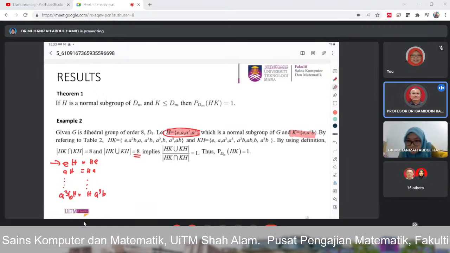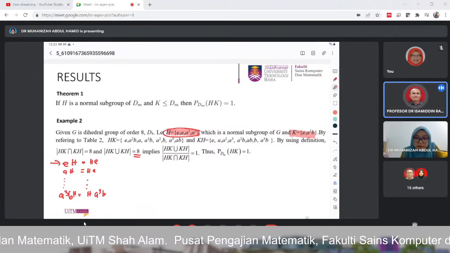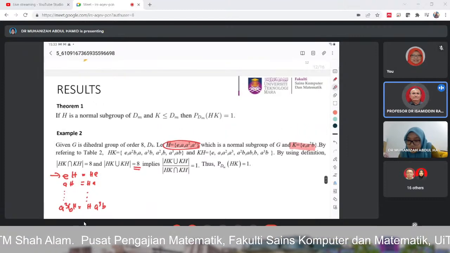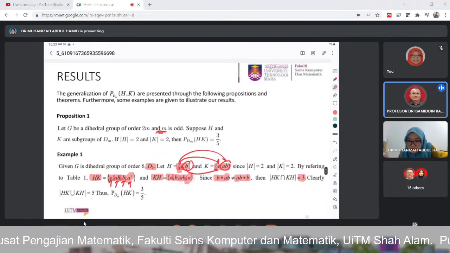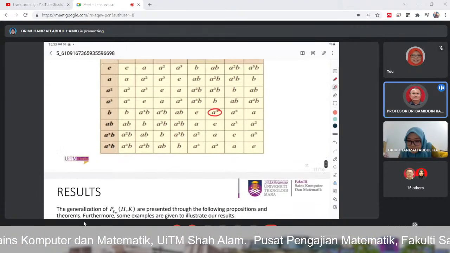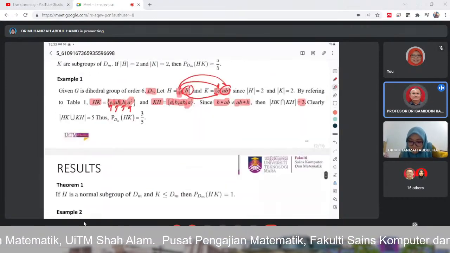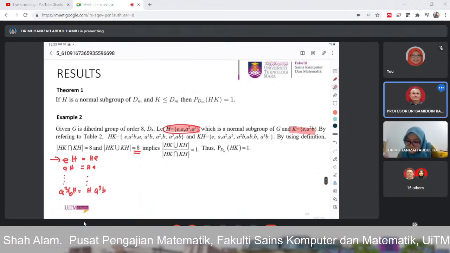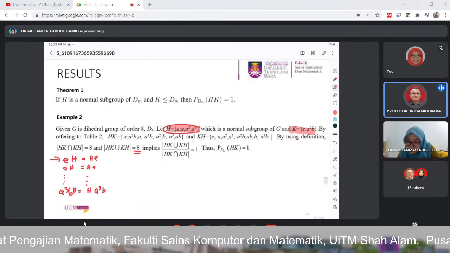Why trivial? Because if you have a normal subgroup of any group, then if you multiply it by K, you get another group. Theorem number 1, yeah.